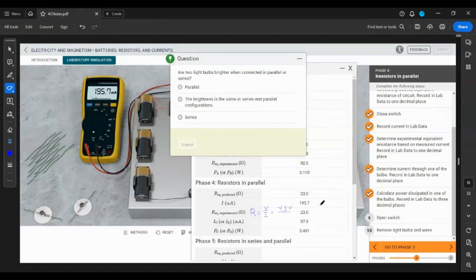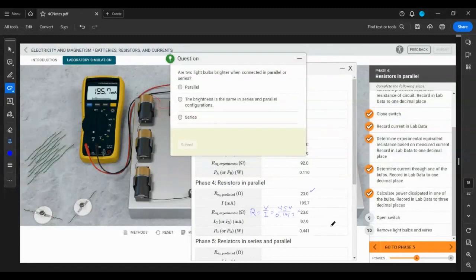And then for the current, 195.7, but remember these are milliamps. So the decimal will bump 3 times. You can divide that by 1,000 to change it manually. 0.1957. And that should come out relatively close to 23.0, which is basically what we're looking for.